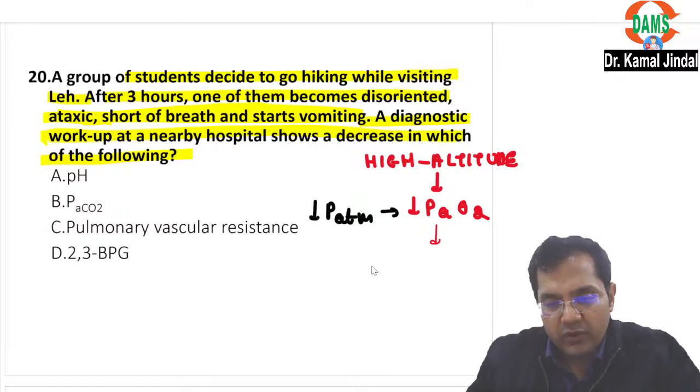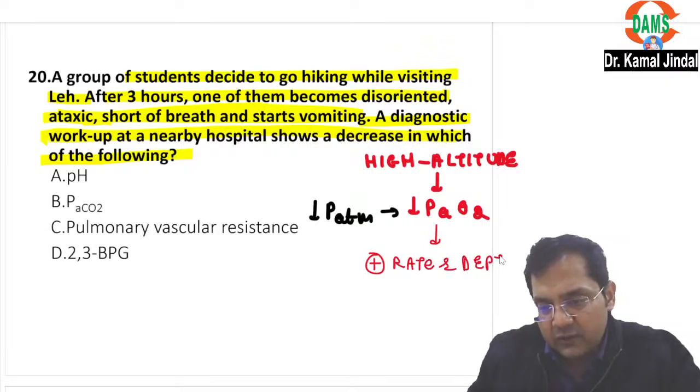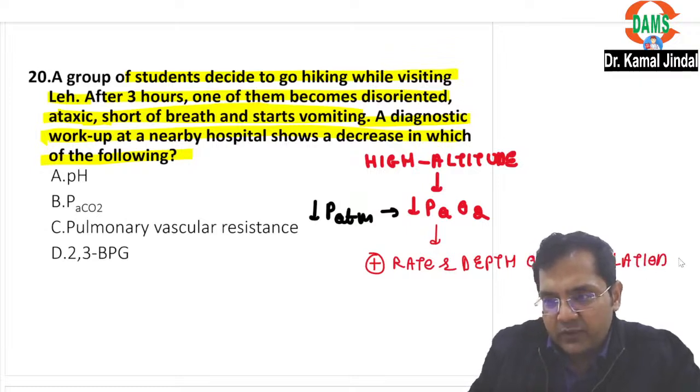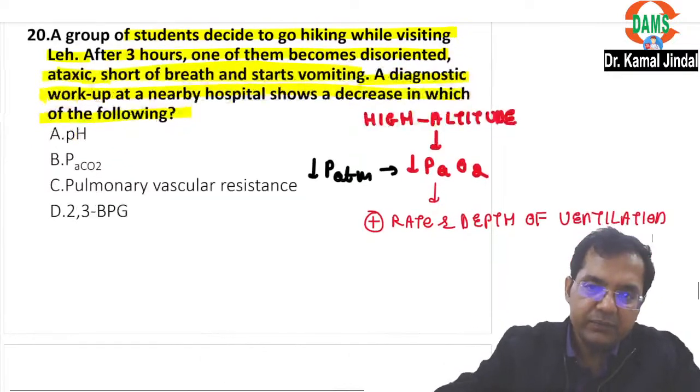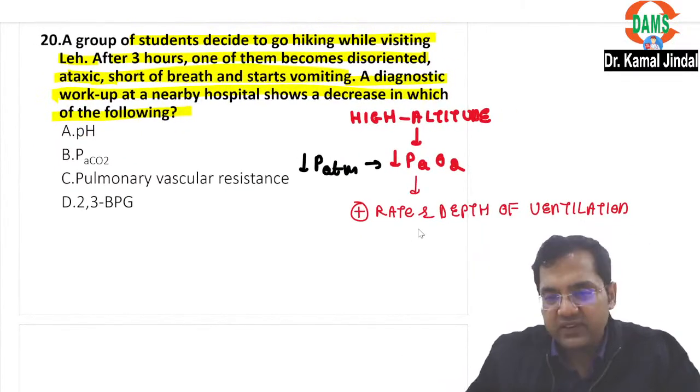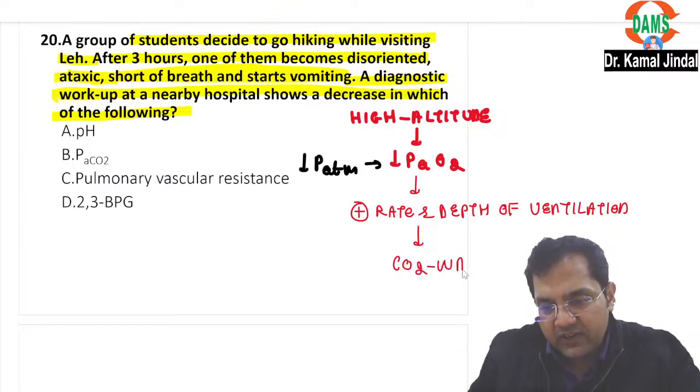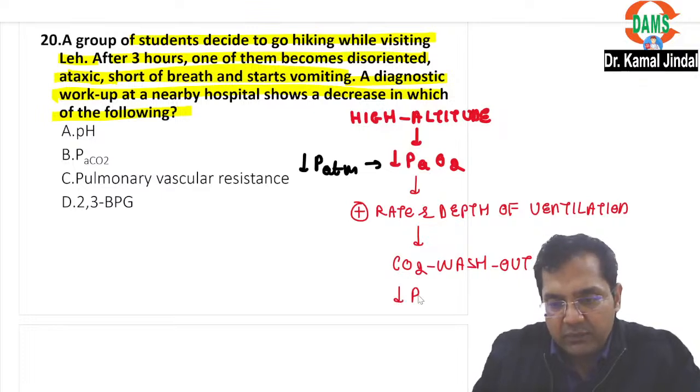Less oxygen stimulates your rate and depth of ventilation. So you will try to increase your rate and depth of ventilation. As you increase this, it will cause your carbon dioxide washout and immediately arterial CO2 will decrease.